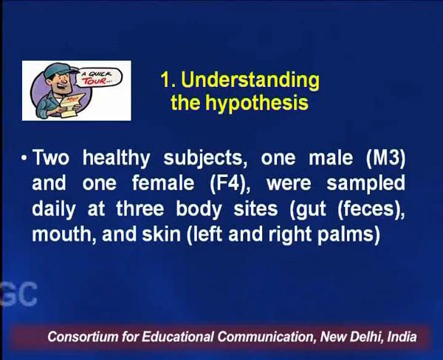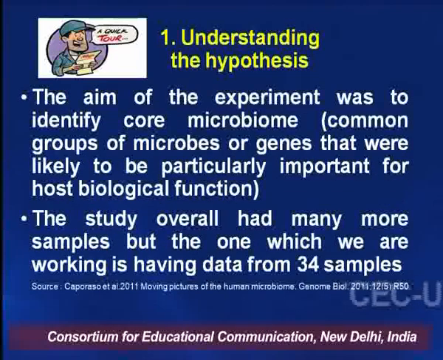One is male and the other is female, and they were sampled at 3 body sites: gut, mouth and skin, every day for 6 months. We wanted to know in this study which is the core microbiome, meaning which set of microorganisms are always present around these two individuals.